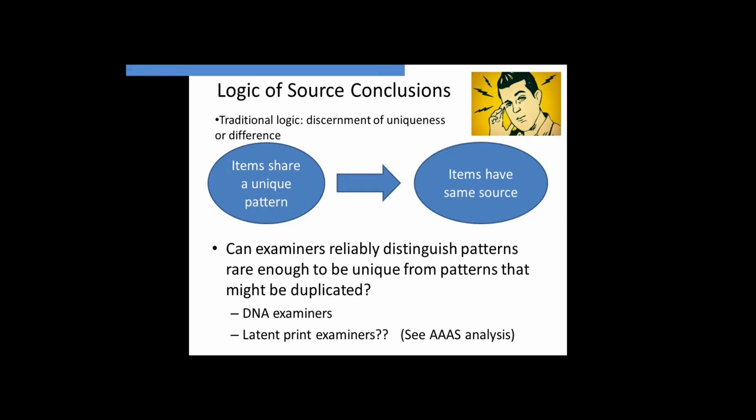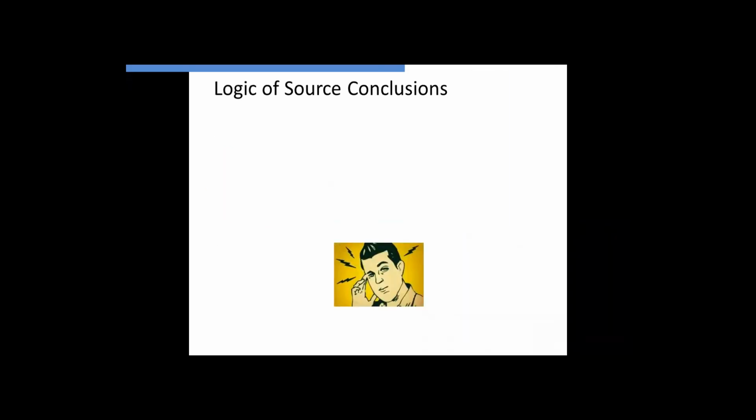Whereas if the pattern occurred at a rate of, say, 1 in 10 billion, it's likely that it would not be unique and would repeat. And there's great skepticism about whether examiners, based upon their experience, could distinguish a 1 in 100 billion pattern from a 1 in 10 billion pattern. And thus the argument that examiners can discern uniqueness by examination has come under criticism.